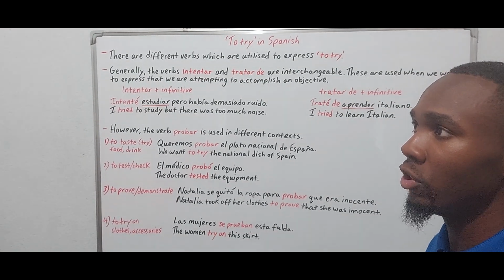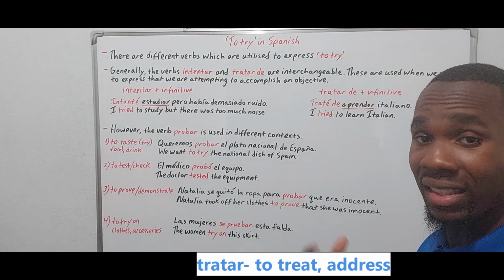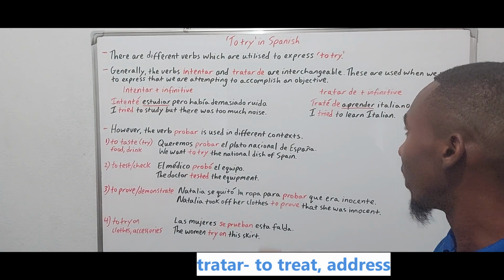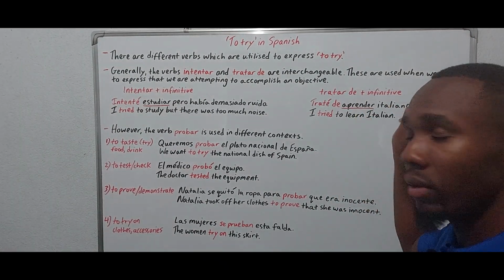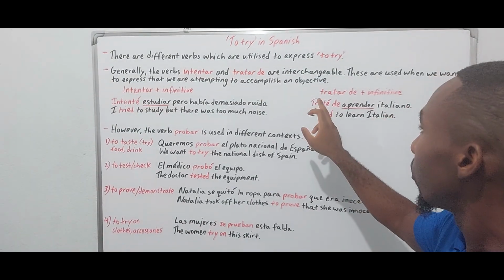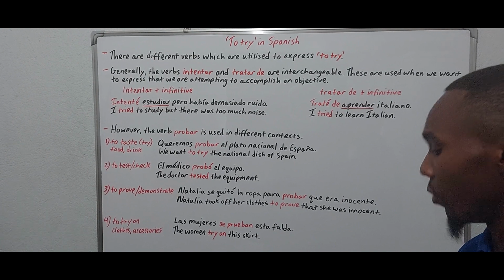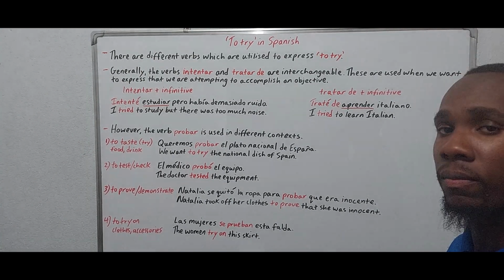It can actually mean to treat, as in to treat a disease, or it can mean to address. So that de is very important. So tratar de infinitive, right? Traté de aprender italiano. I tried to learn Italian, right?